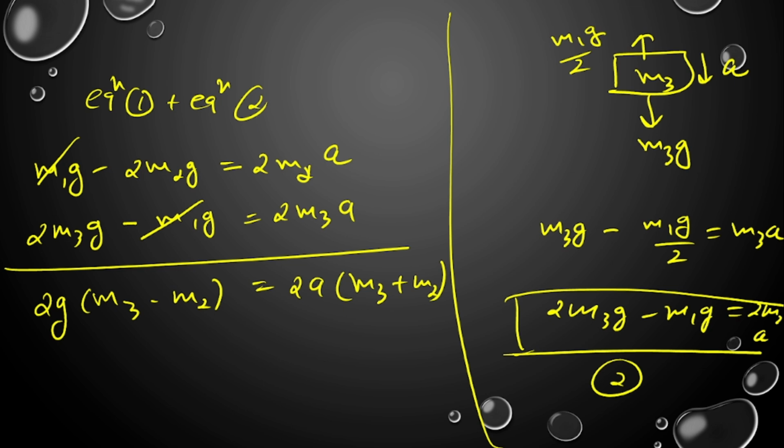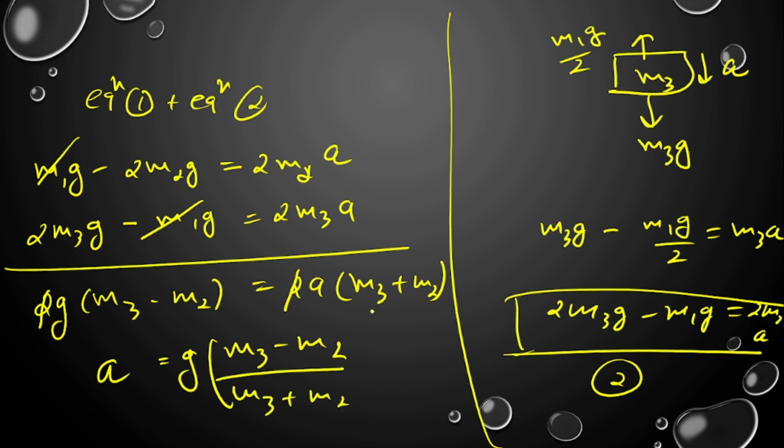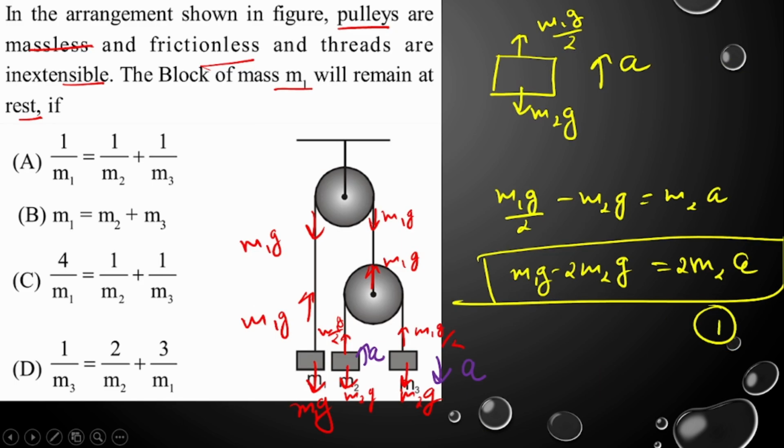So the 2 and 2 are gone, a equals g(m3 minus m2) upon (m3 plus m2). But what we have in the option is something like this: 1 upon m1 equals 1 upon m2 plus 1 upon m3, or 4 by m1 equals like this.